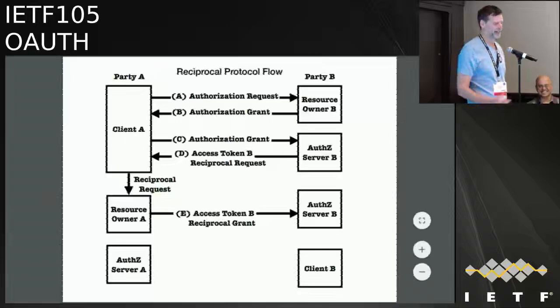So that it hands over the grant, and party B knows the context because it's getting back its access token. And so that's why we can do this behind the scenes, because you've got context there. Before the resource owner sends that over, there's likely some interaction, because from a user experience point of view, if you're going through the browser, you're back over at the party that started off making the request, and then it can ask the user, is it okay for the other party to do these things with you?